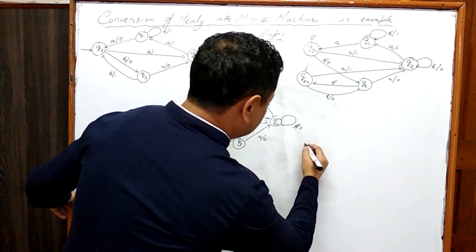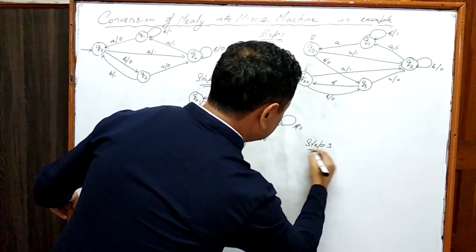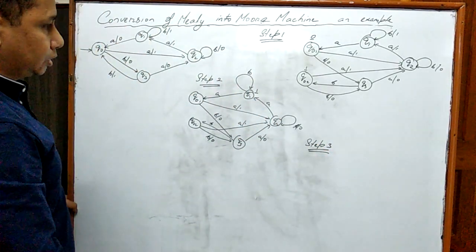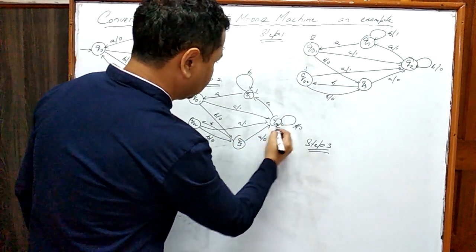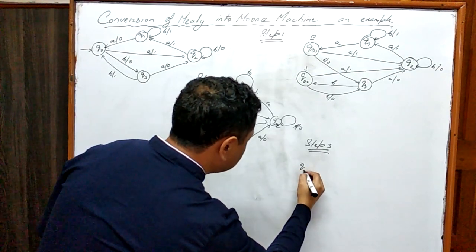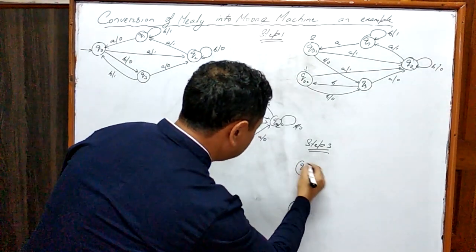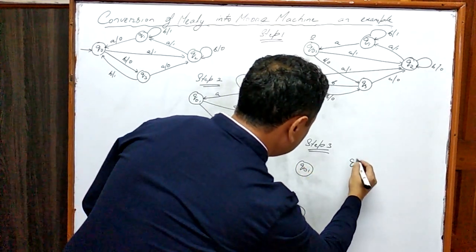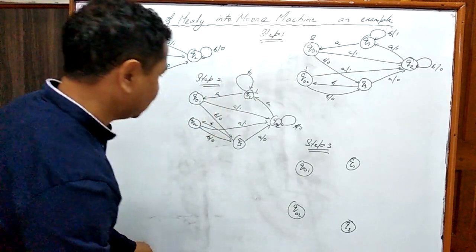In step 3, let us look at Q2 now. The rest of the things will remain the same, Q01, Q02, then we have Q1, then we have Q3, which remains untouched.